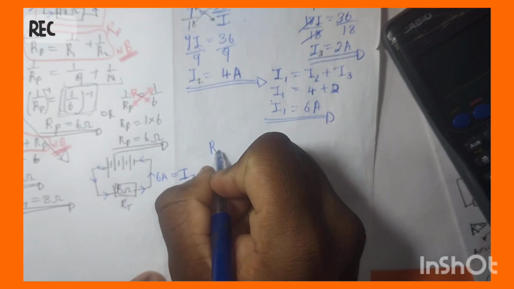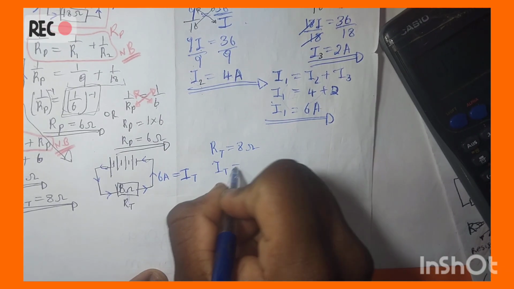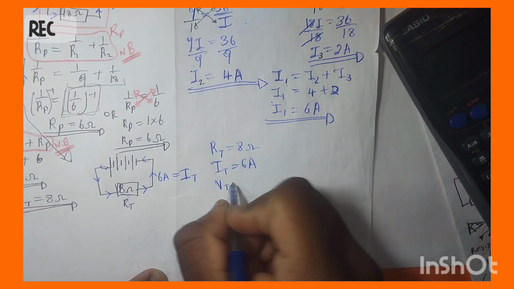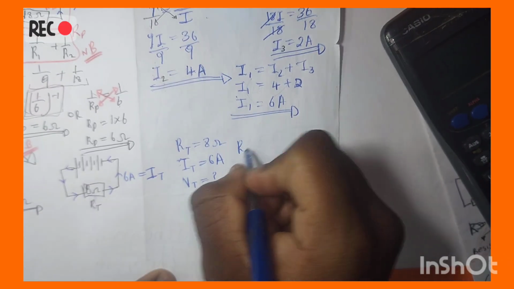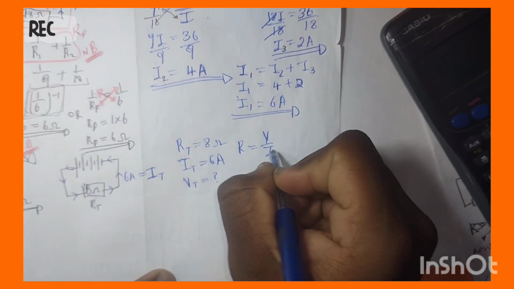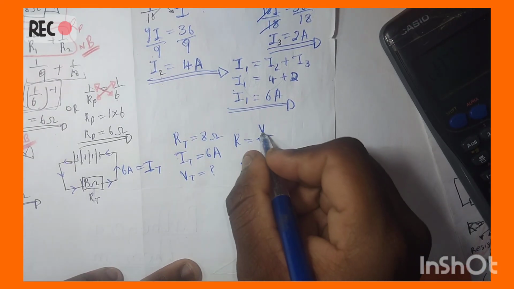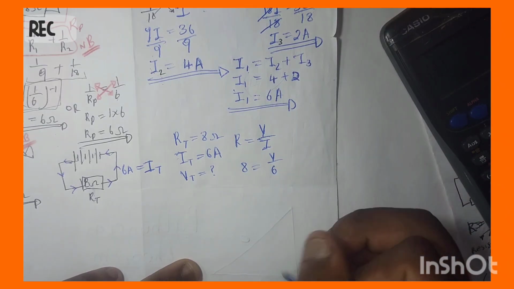So if you have a total resistance of 8 ohm and a total current of 6 amperes, and you are looking for the total voltage, still here you will use Ohm's equation. So now you can substitute 8 there, and V is the one that you are looking for. Then the current there is 6.